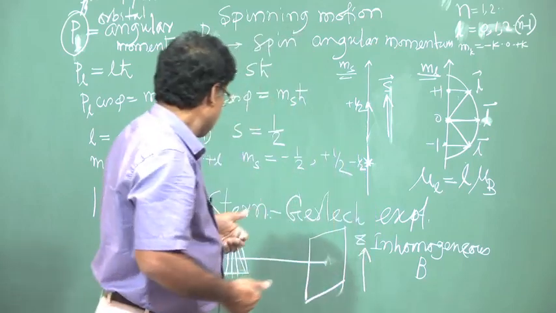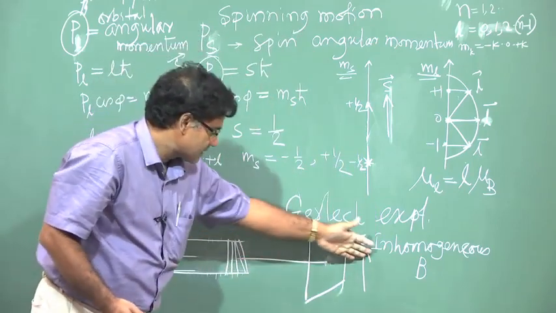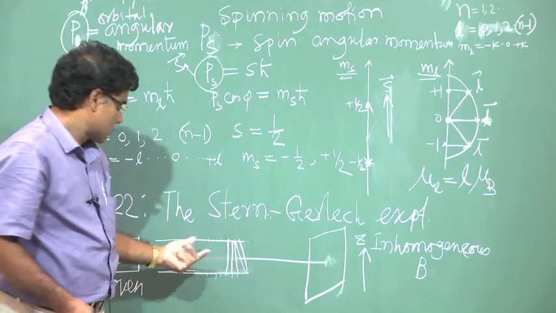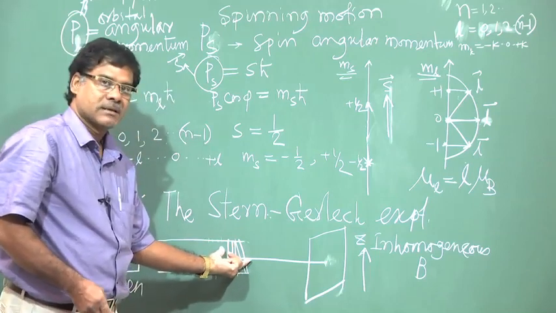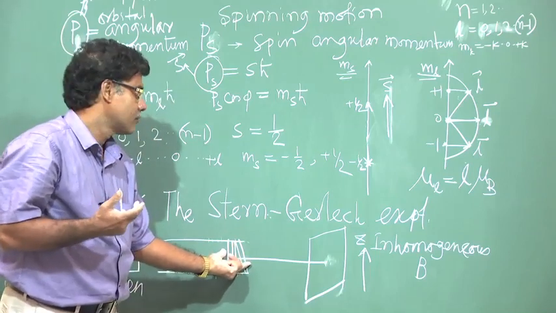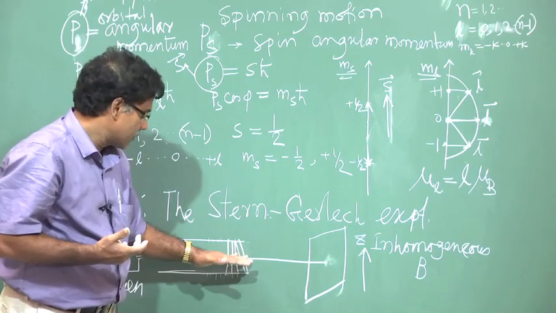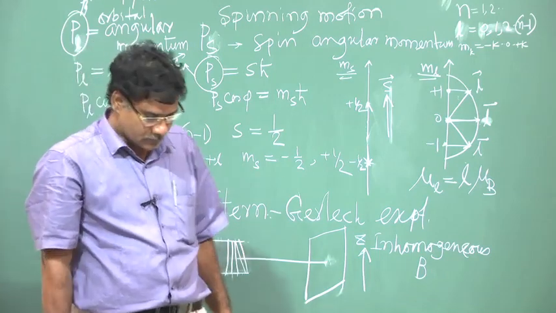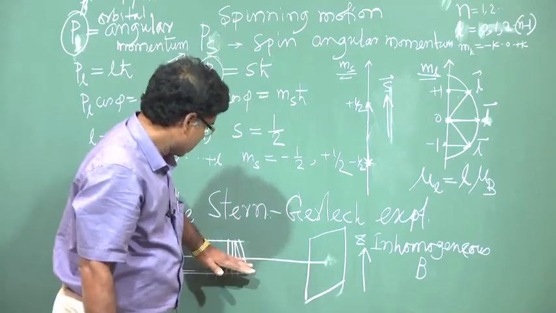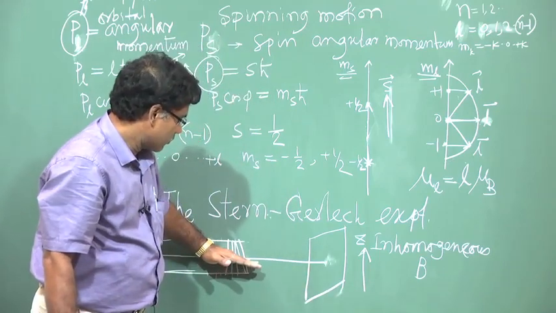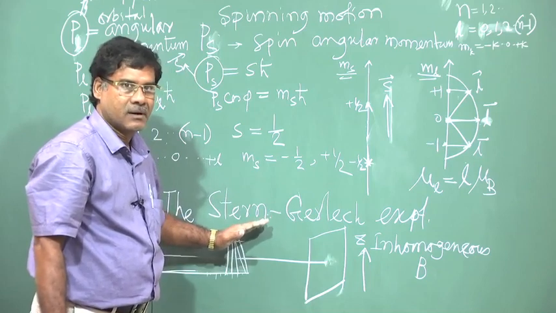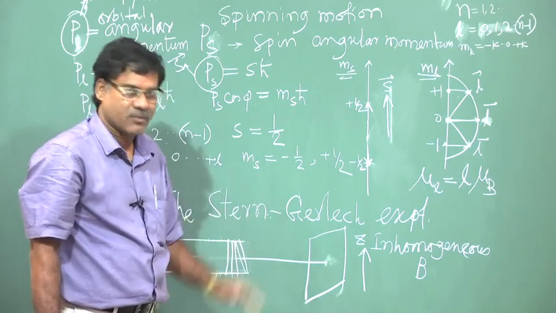Okay. So along this inhomogeneous direction, this silver atom has a magnetic moment, so it will feel a force. So it will move towards the direction of the force.